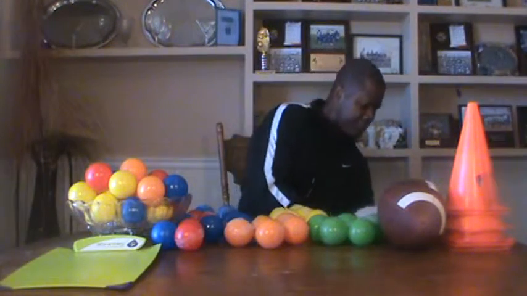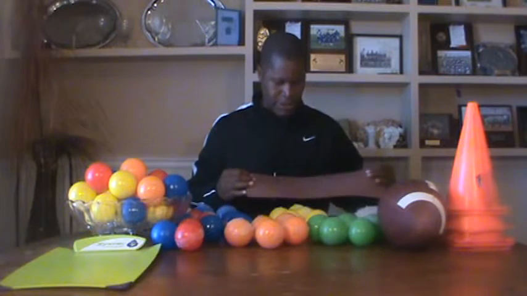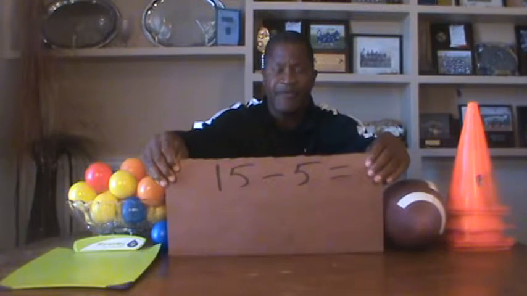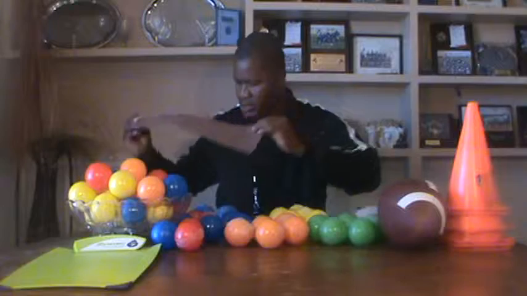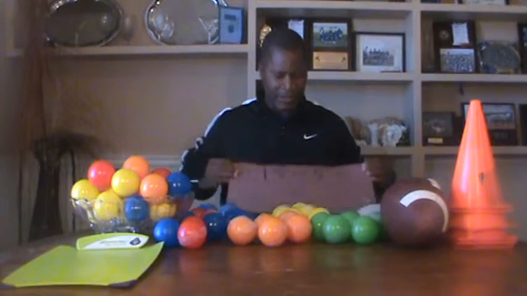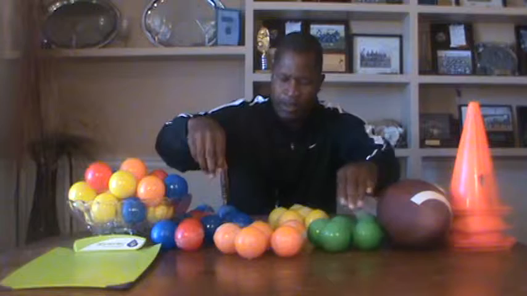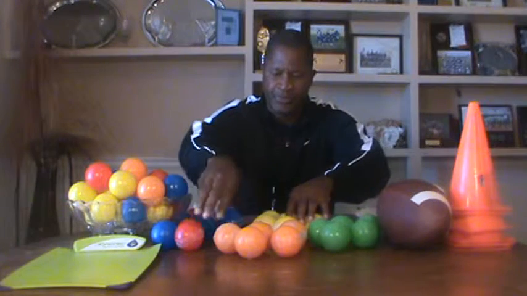Now, we're going to use the balls again to do some of these. 15 minus 5. What is 15 minus 5? Remember, each group of balls is 5. That's 5, that's 10, and that's 15.